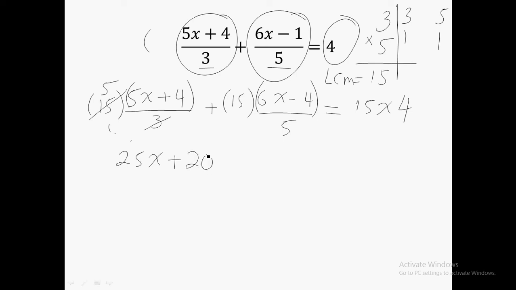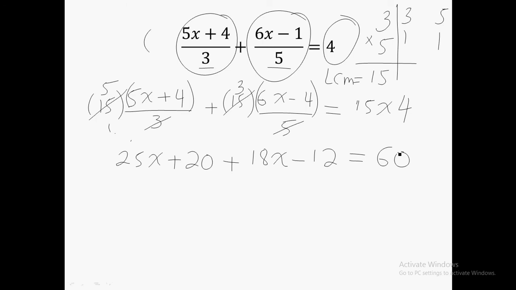We do not have a denominator now. So plus, we can divide here 15 by 5, which is 3. So 3 times 6 is 18x, and 3 times 4 is 12, minus, is equal to 15 times 4, which is 60. Right.